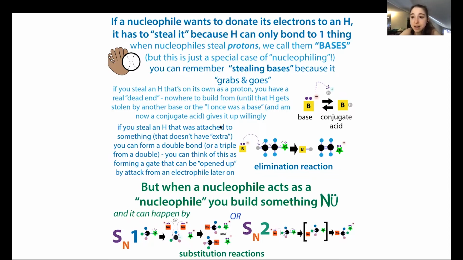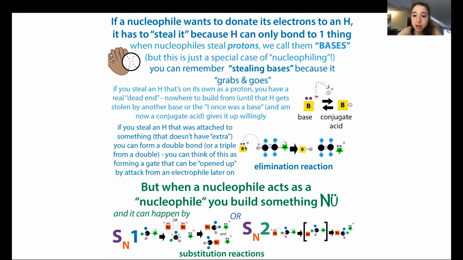Sometimes the atom that you take it from is okay with it. For example, when you deprotonate the alcohol group, you're left with O-, because the oxygen can hold on to that extra electron, and it can be more stable and happy because the oxygen is electronegative.